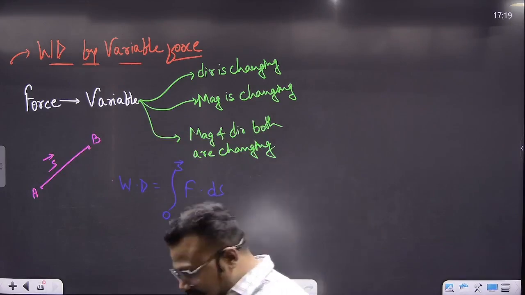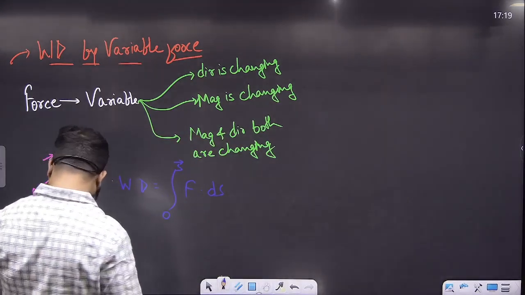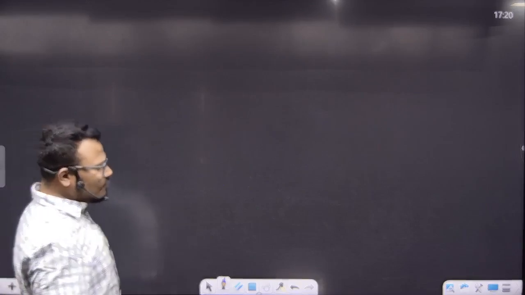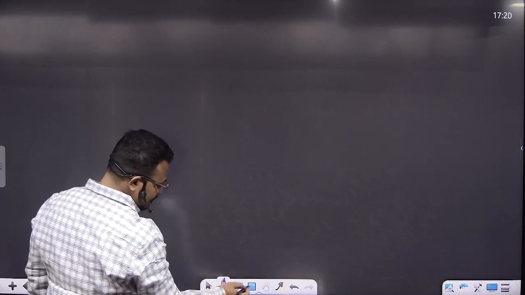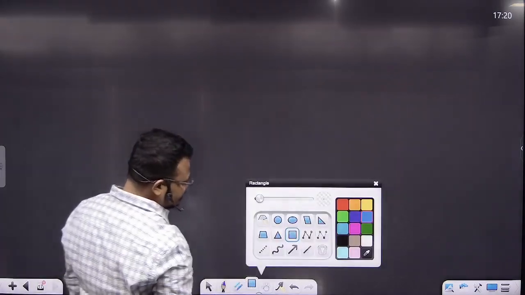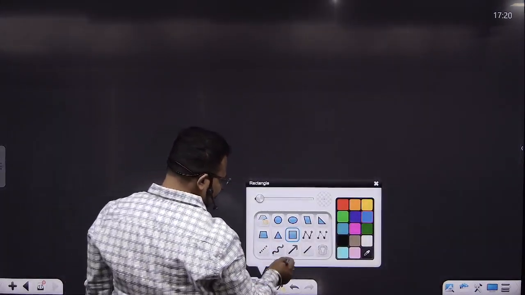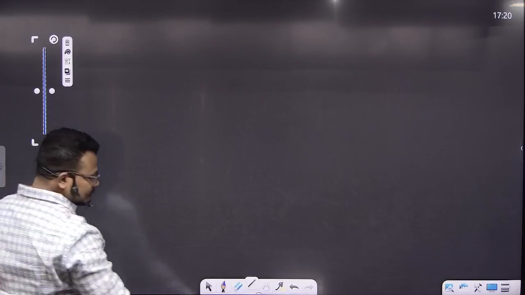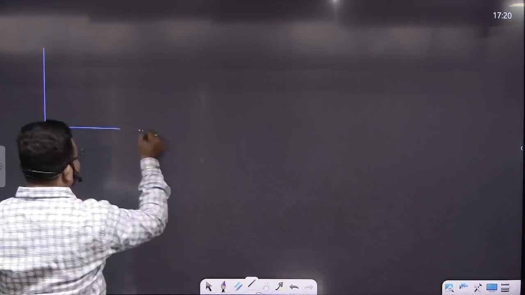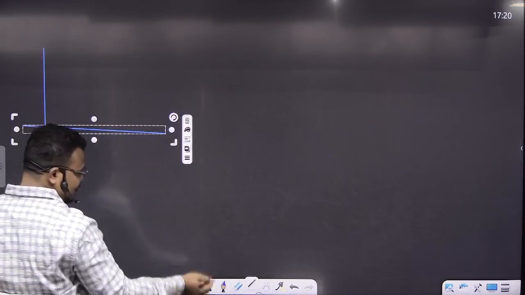Okay, when it is changing, I'll go for a flashback of kinematics. When we studied kinematics, we studied the graph, the a-s graph.